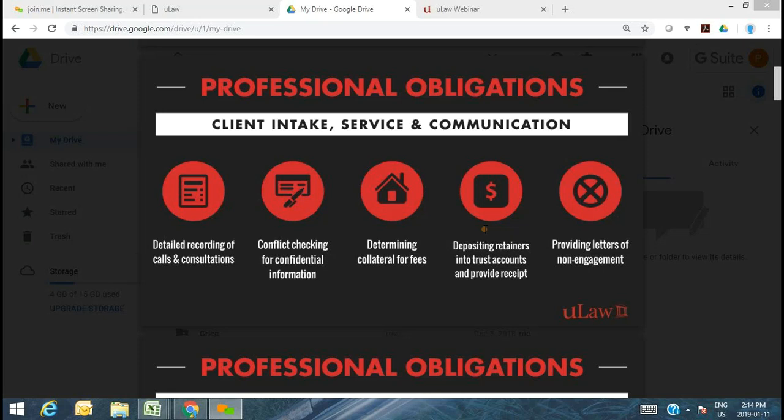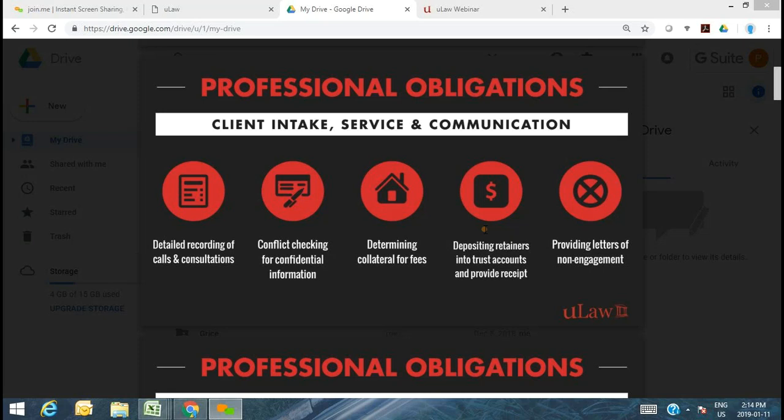So let's assume this client walked in, no conflict, you've created a matter. First step is you really want to ask for a retainer, let's say $1,000. You cannot take that $1,000 and deposit it into your own bank account, your general bank account, which is your money or your business's money.